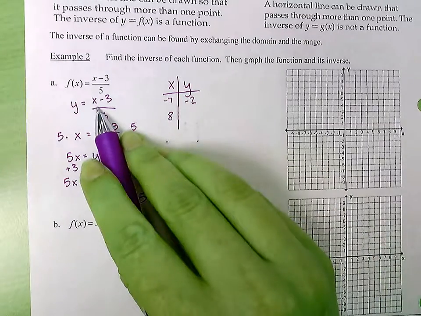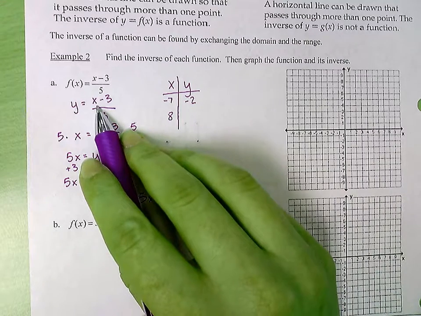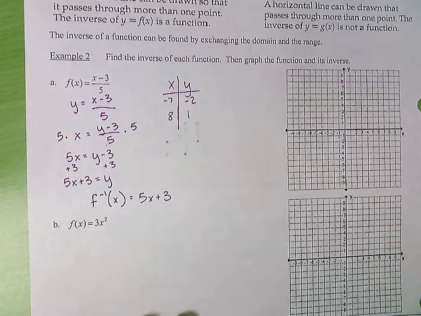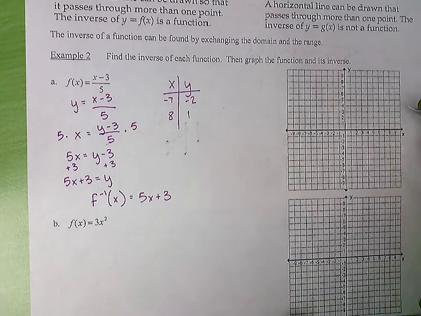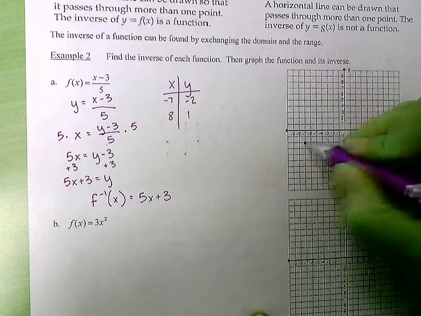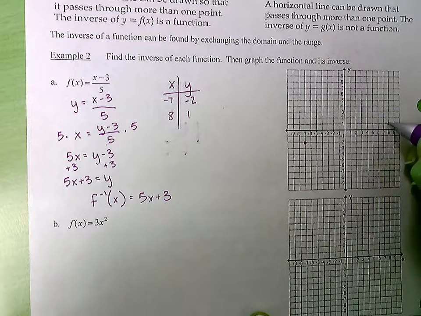If I plug in 8 to my original function here, I get 8 minus 3, which is 5, divided by 5, 1. I can plot my 2 points and then connect them. So I have (-7, -2) and (8, 1).